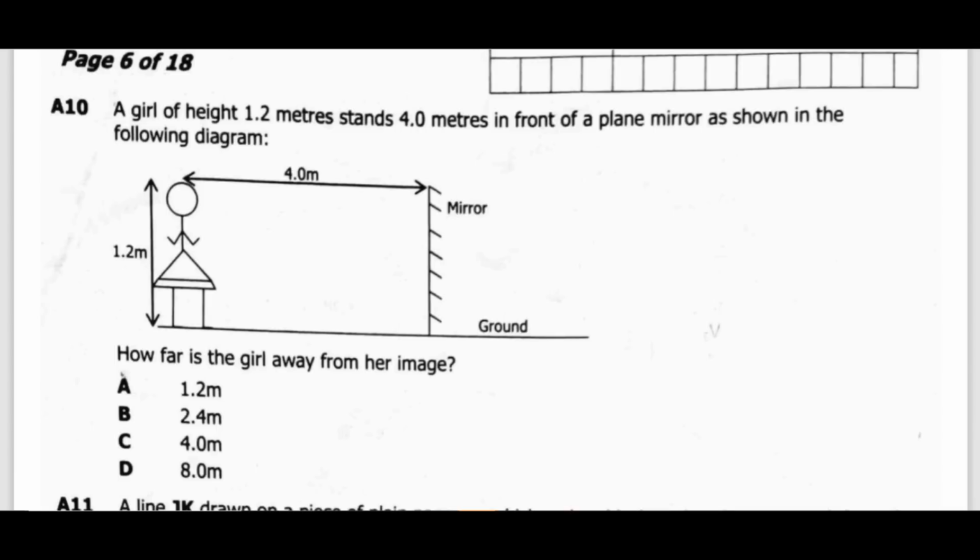The height of this girl is 1.2 meters. And then this is the ground, and this is the mirror. Now, what we have to understand is this. So this is the object.